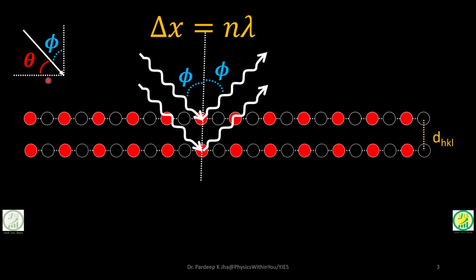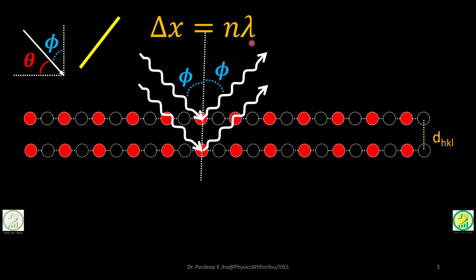Let's say that delta x. It should be of the order of the wavelength, n lambda, where n can be 1, 2, 3, and so on. So the wavelength of this incident ray will give you the path difference. For constructive interference, the path difference should be an integer multiple of the wavelength, as you know from the diffraction study.